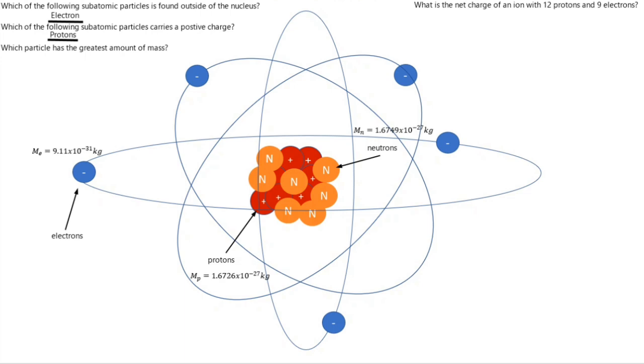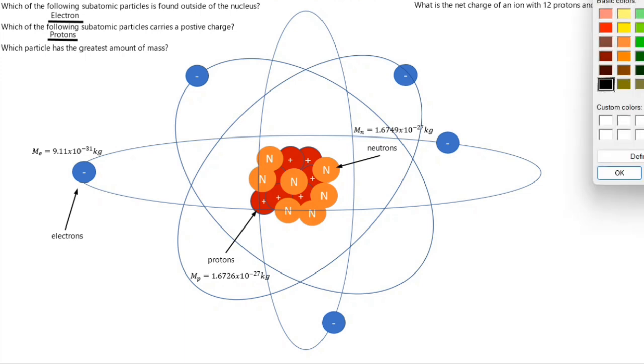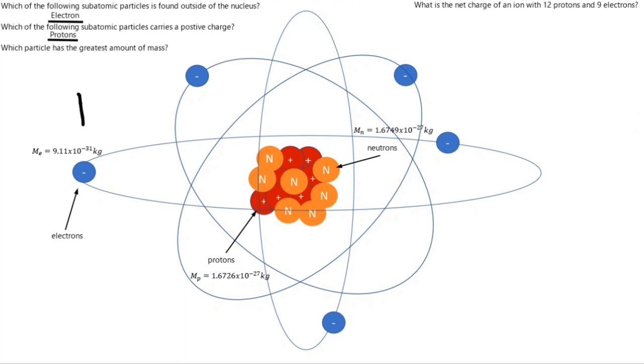Okay, now let's talk about the mass of these things. Electrons have a mass of 9.11 times 10 raised to the negative 31 kilograms. The proton has 1.6726 times 10 raised to the negative 27 kilograms, and the mass of neutrons is 1.6749 times 10 raised to the negative 27 kilograms.